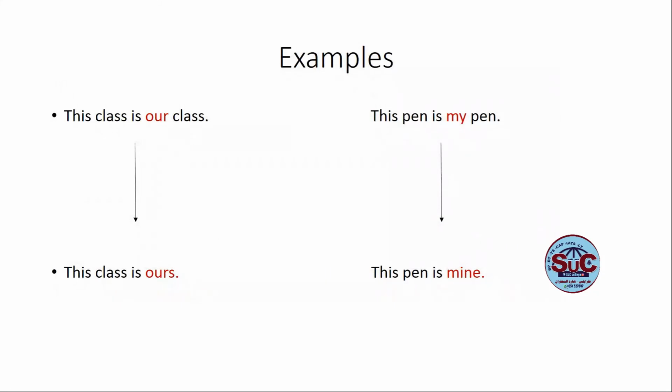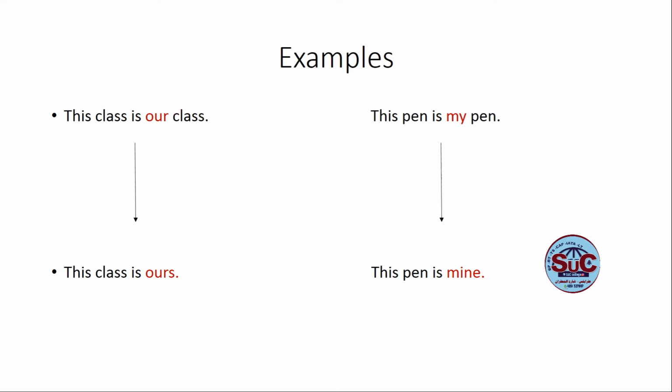For example, when I say this class is our class, in this sentence, we have the possessive adjective our, and as we previously mentioned, it has to be followed by a noun, that is the class. So we can see, class is repeated twice in the sentence.